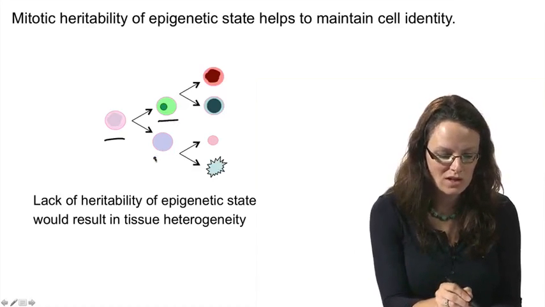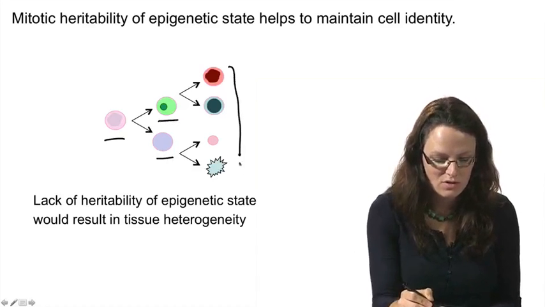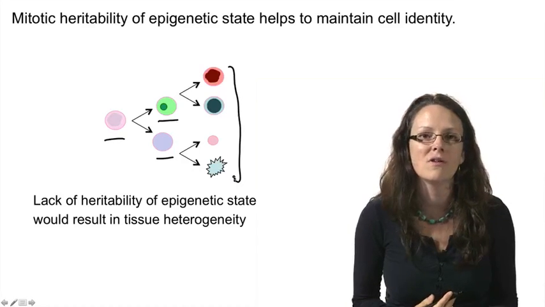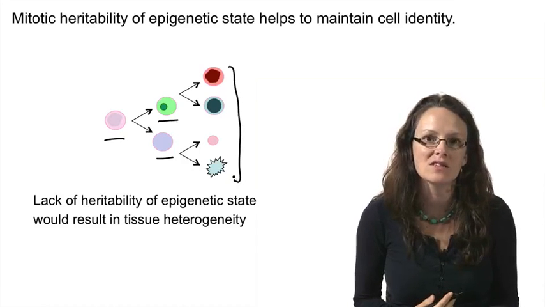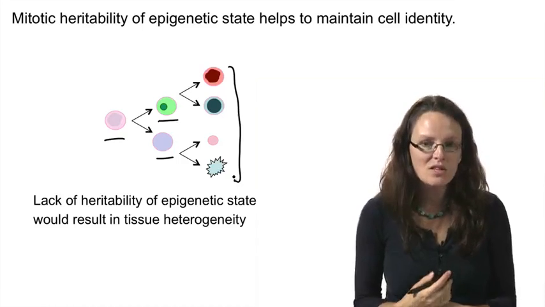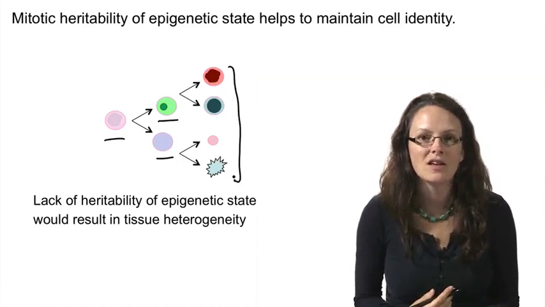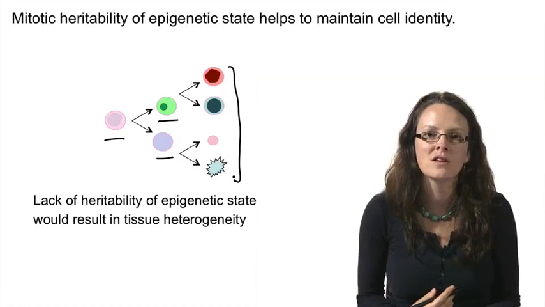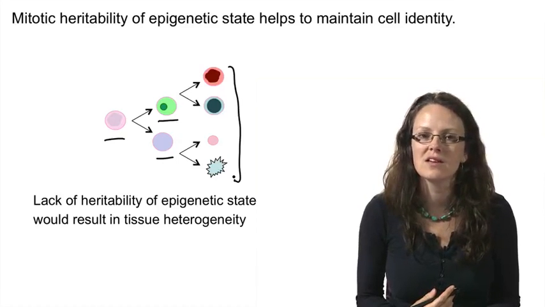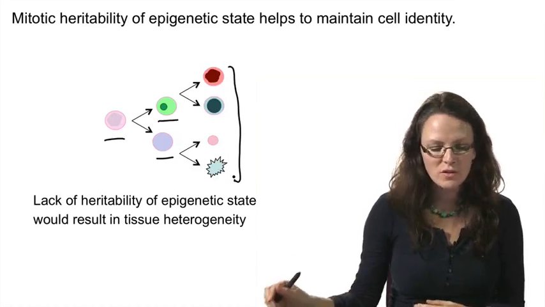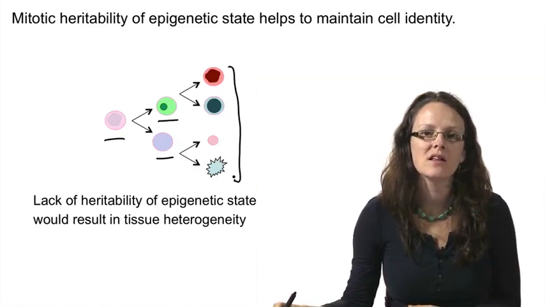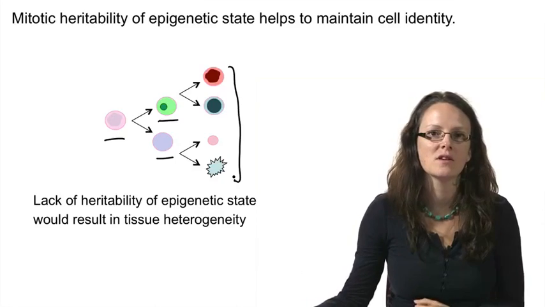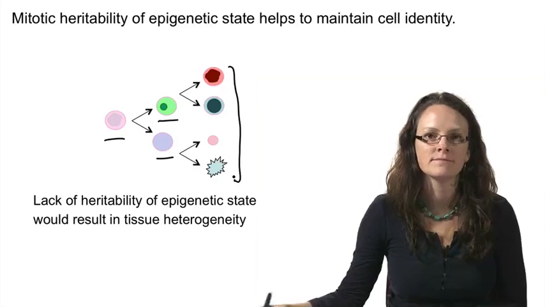So here, this green cell and the purple cell could result in, again, a wide variety of phenotypes in the particular cell and therefore functions. So this would mean that you would have tissue heterogeneity, a wide variety of different cell types, all found within the one location. And we know that this isn't usually the case. So it's mitotic heritability that will allow cellular identity to be maintained.